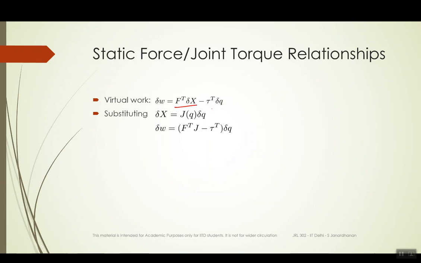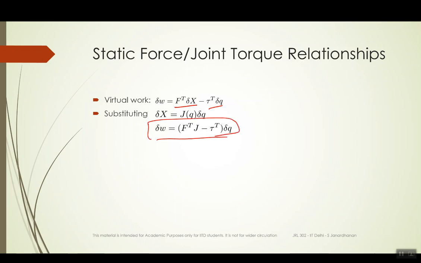F transpose delta x is the virtual work done by the environment, and tau transpose delta q is the work done by the manipulator. Now substituting delta x as J of q delta q, you have delta W to be this expression.